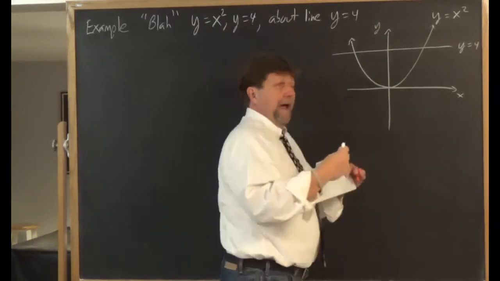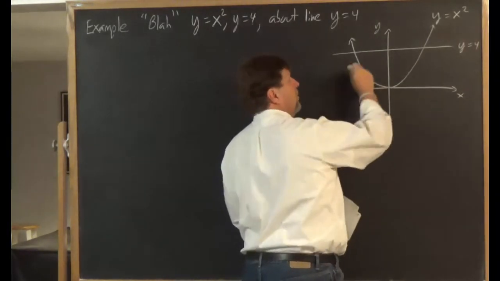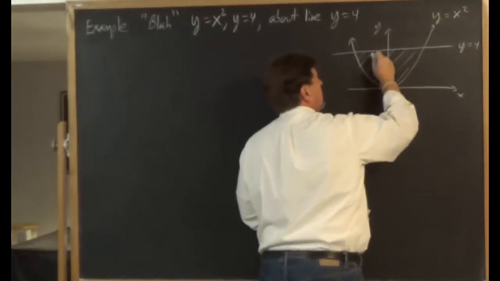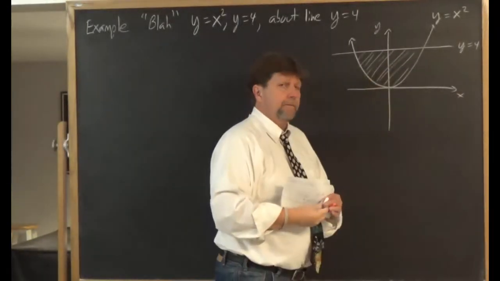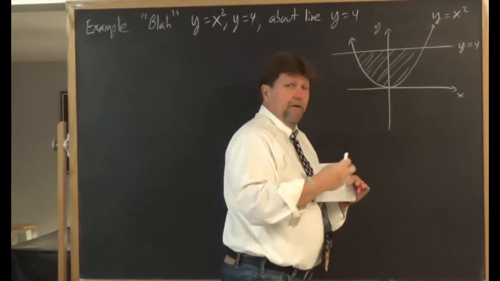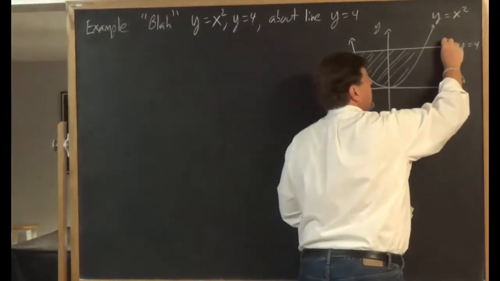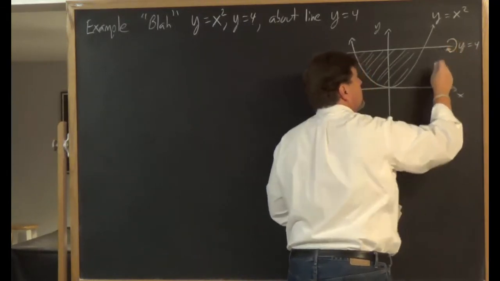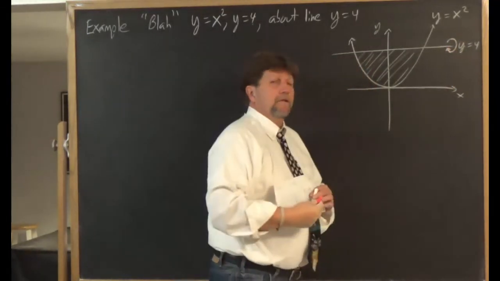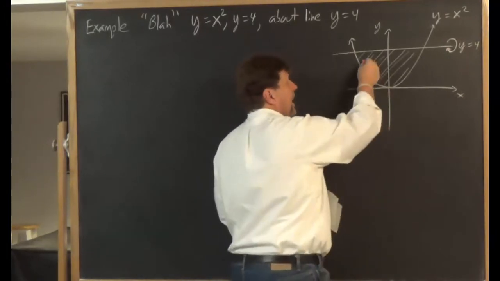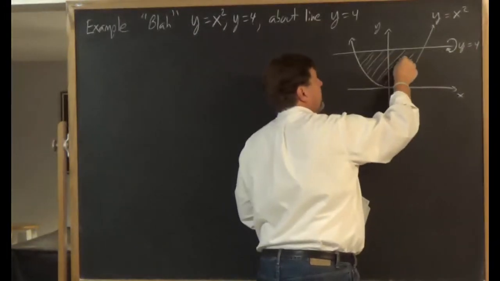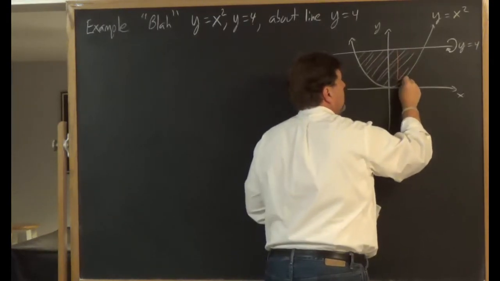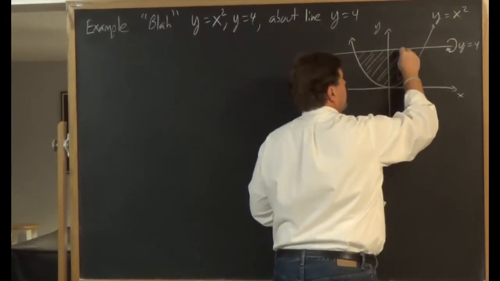So the region that's bounded by y equals 4 and y equals x squared is that region. And we're going to revolve that region about the line y equals 4. So I put in my rectangle, and it doesn't matter where I put this rectangle in here. So let me just arbitrarily put the rectangle here.